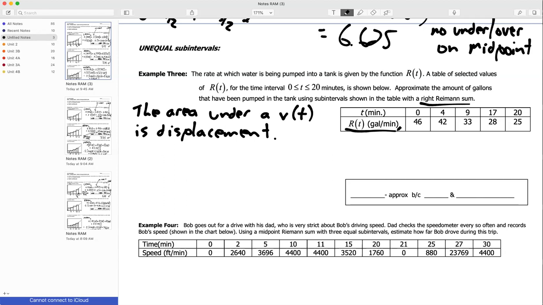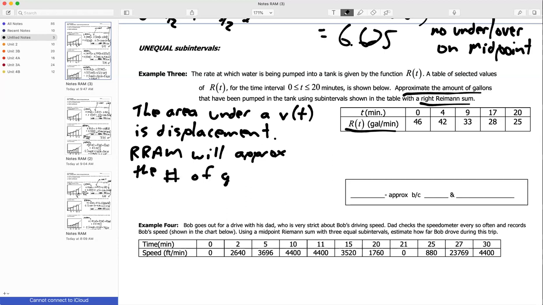So when I find a right Riemann sum, okay, they asked me to use this to find a right Riemann sum, and it's going to approximate the amount of gallons that have been pumped into the tank. So a right Riemann sum will approximate the number of gallons in the tank in this case.